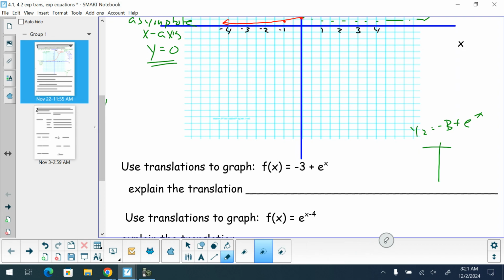So if you want to type into your y2, -3 plus e to the x. And take a look at what happens with our graph.